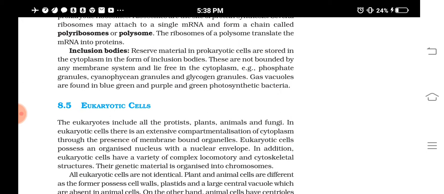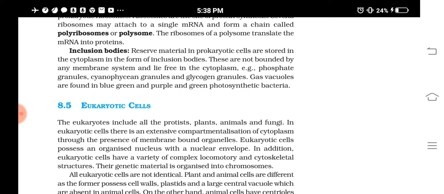Examples are phosphate granules, cyanophycean granules, glycogen granules, etc. Gas vacuoles are present in blue-green and purple and green photosynthetic bacteria. These reserve materials, which are not bounded by any membrane, are simply lying here and there as granules, called what? Inclusion bodies.